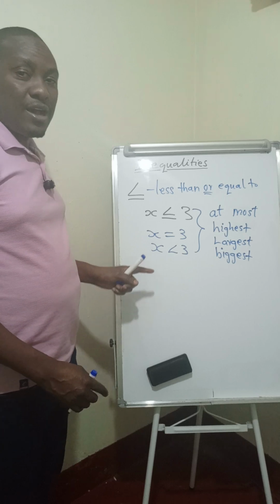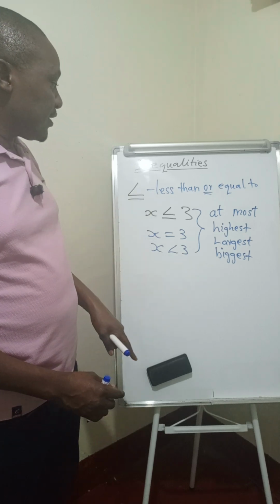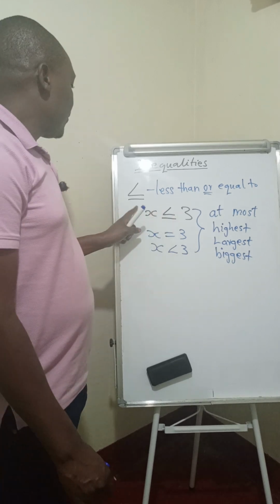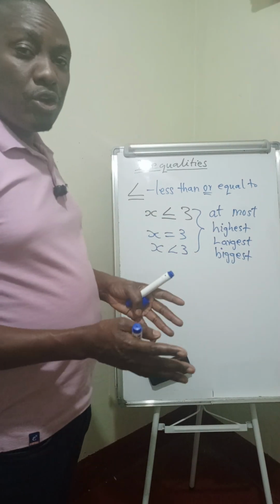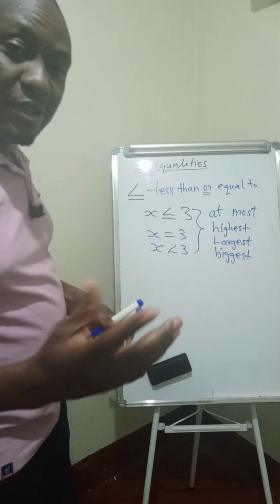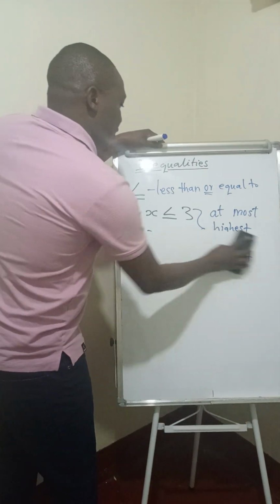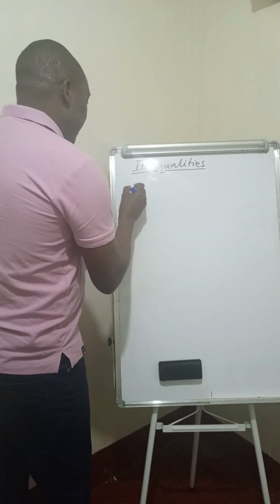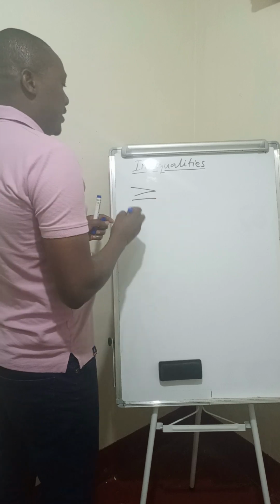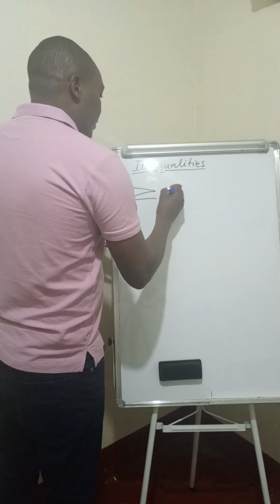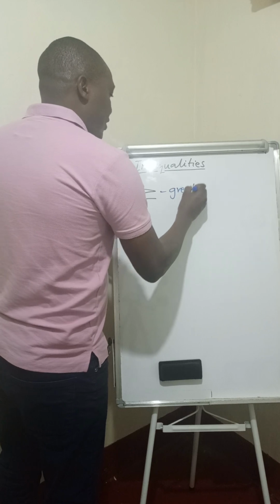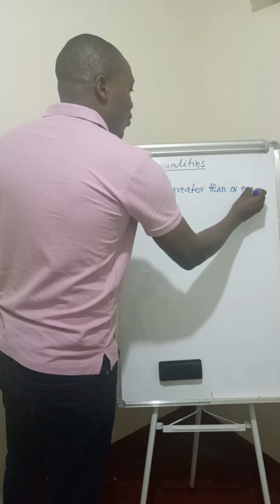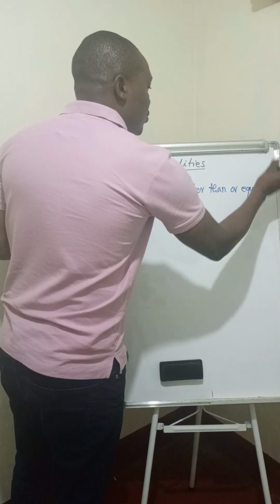I'm going to give an example, and before I do, allow me to explain the symbol for greater than or equal to. Are we following? Yes. If we have this symbol here, it means greater than or equal to.